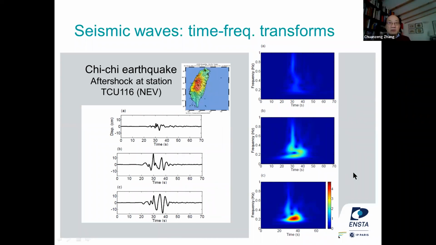There are various types of time frequency transforms. The Stockwell transform is very efficient because it preserves the phase of the signals. It is very important, especially in the field of seismology, to preserve the phase of the signal.